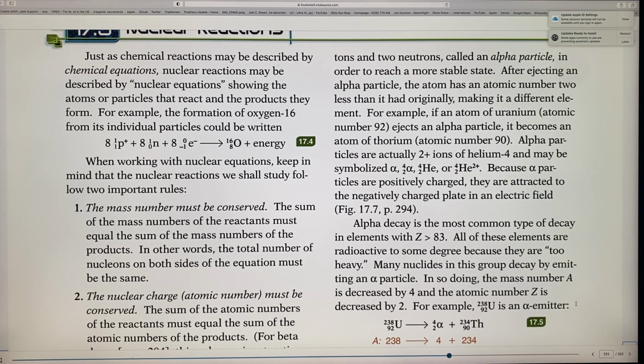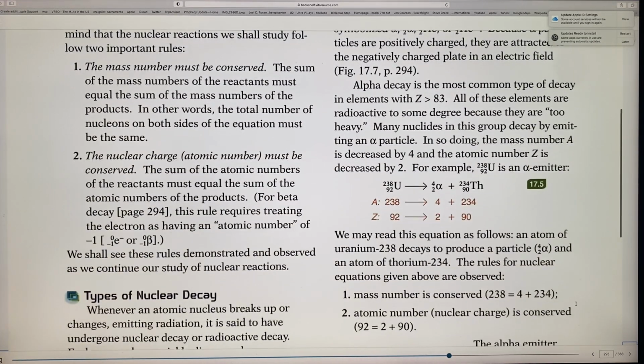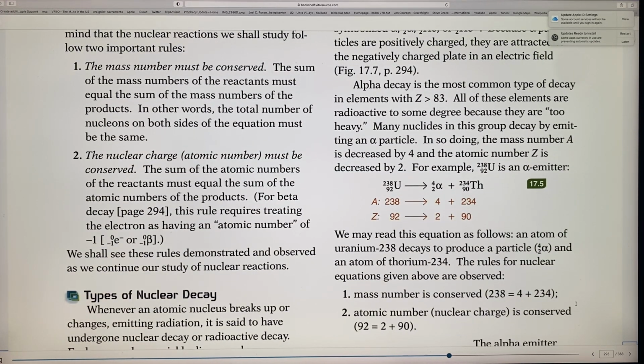As we see the alpha down here, alpha decay, here's uranium. So here we have uranium 238, which is pretty amazing, and 92. 238 is the atomic weight, and 92 is the positive charge, the protons.